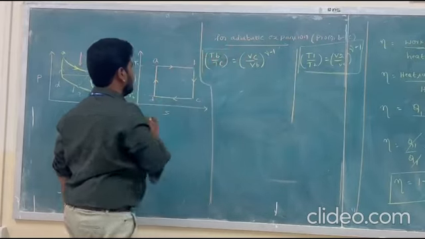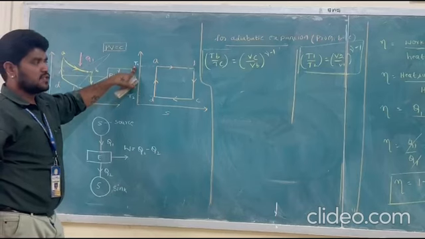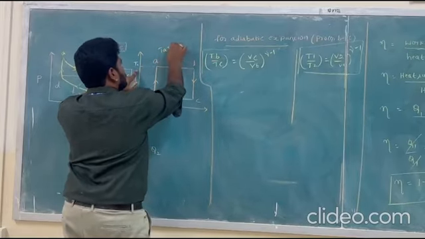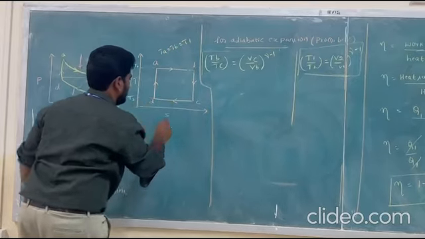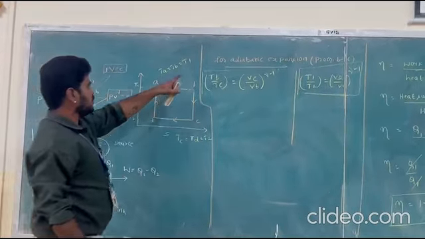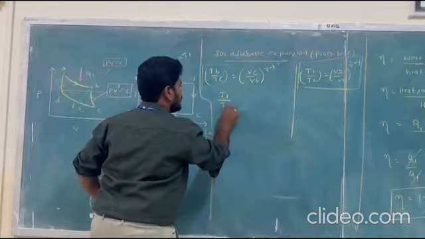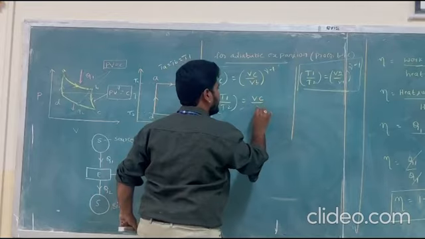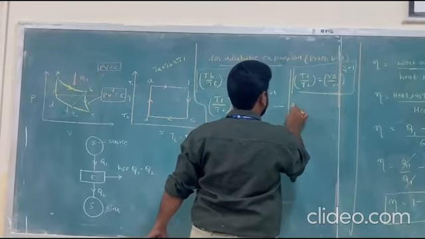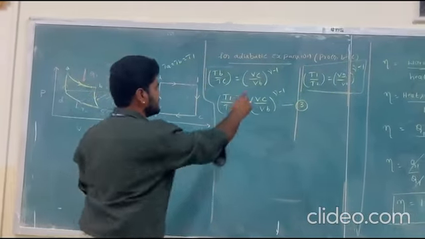Now TA and TB can be written as T1 because it is a constant temperature process. Similarly TC is equal to TD is equal to T2 because it is a constant temperature process. So T1 by T2 is equal to VC by VB to the power of gamma minus 1. This I consider as equation number 3. This is the expansion process.